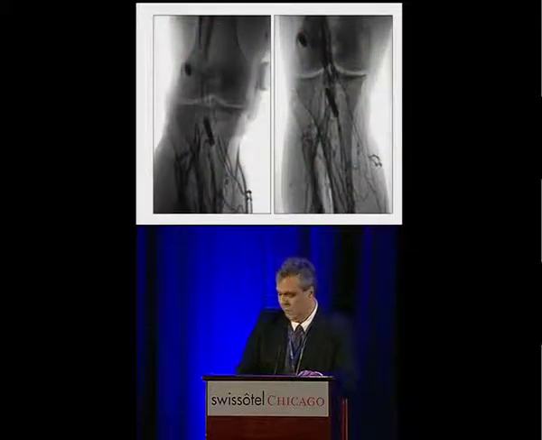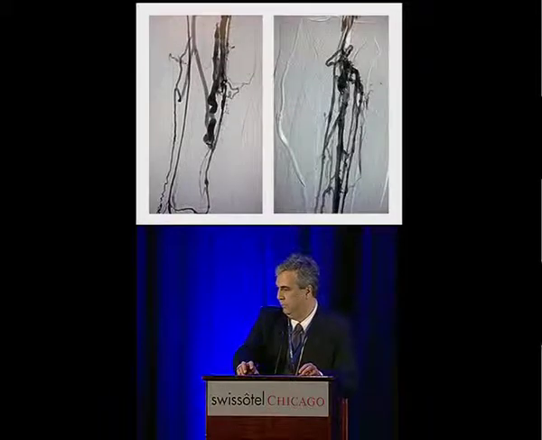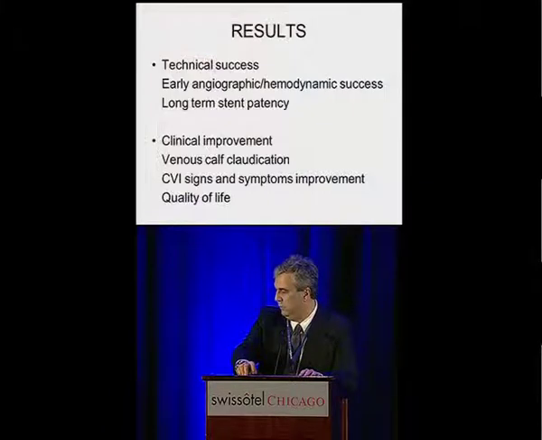Another case: you can see that it's all closed, and after 24 or 36 hours of lytic therapy, you get a lot of new veins and new blood flow helping us to keep proximal lesions open. Also this one, another example of how much you gain with this technique, helping these patients to have better results.